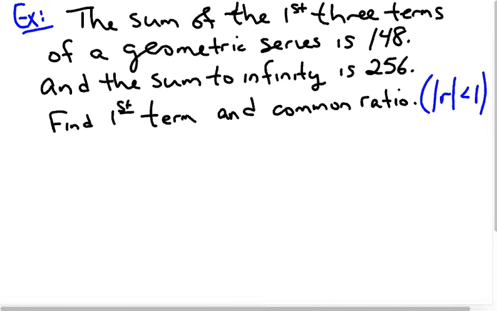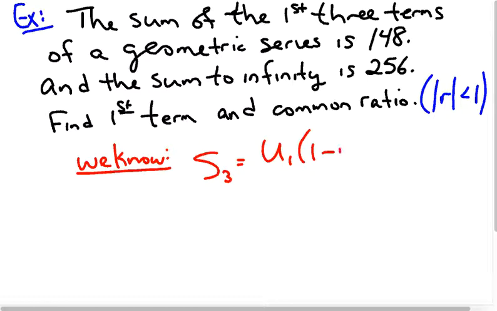So let's do this. We know the sum of the first three terms, which would be u1 times 1 minus r to the n over 1 minus r, has to be 148.